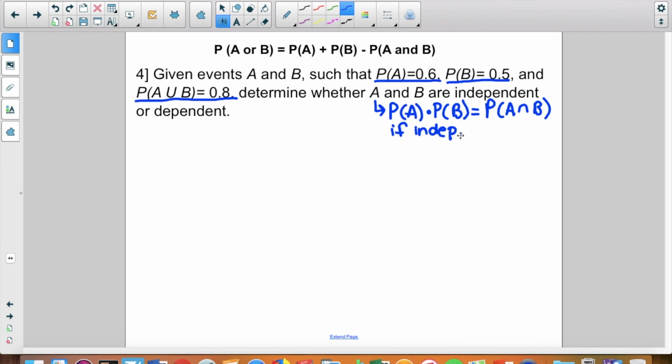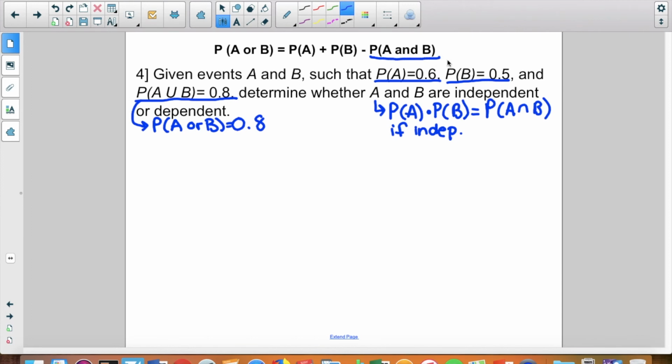Now we did a question like this on the Do Now, but they don't give us A and B. They give us A or B. So I'll rewrite it as A or B. But our equation has the probability of A and B in there.